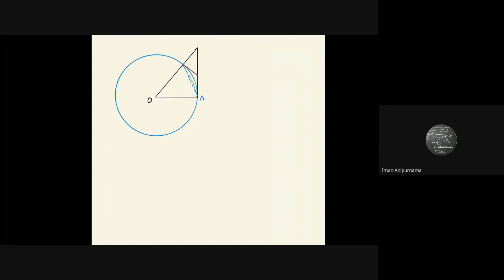O, A, B. And then here is C, and maybe this is E, and this is D. So OB is the radius, and OA is also a radius. Let's say our radius is just 1. We fix the radius at 1.